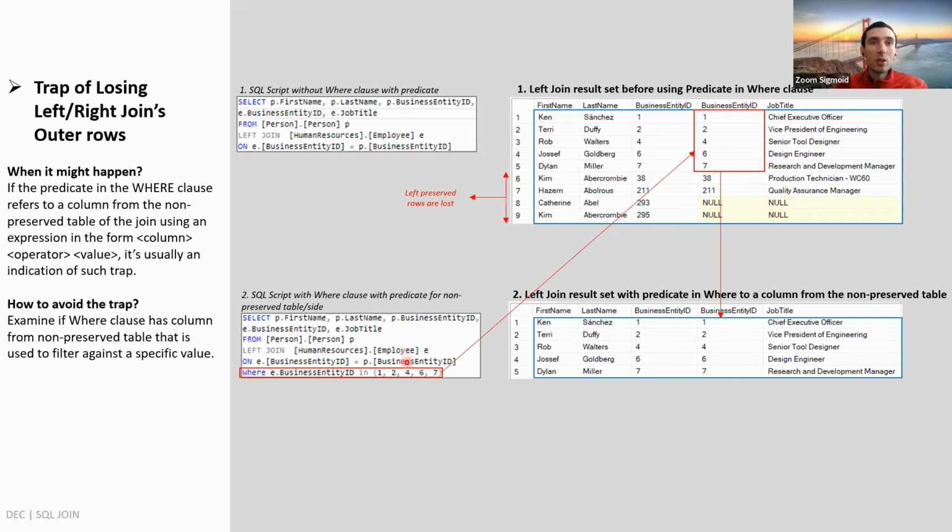In order to avoid the trap, always when you have left join or right join, check if in the where clause you have a filter which is based on the non-preserved side, on a column which comes from the non-preserved side of the table. So be careful here, because it could happen quite often.